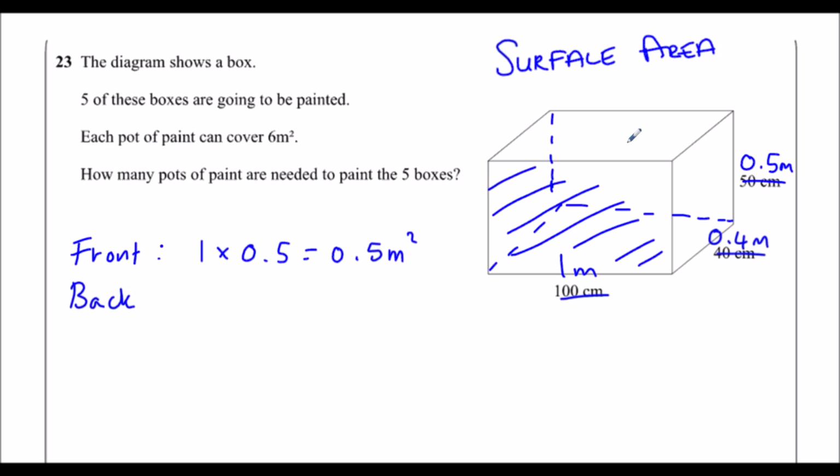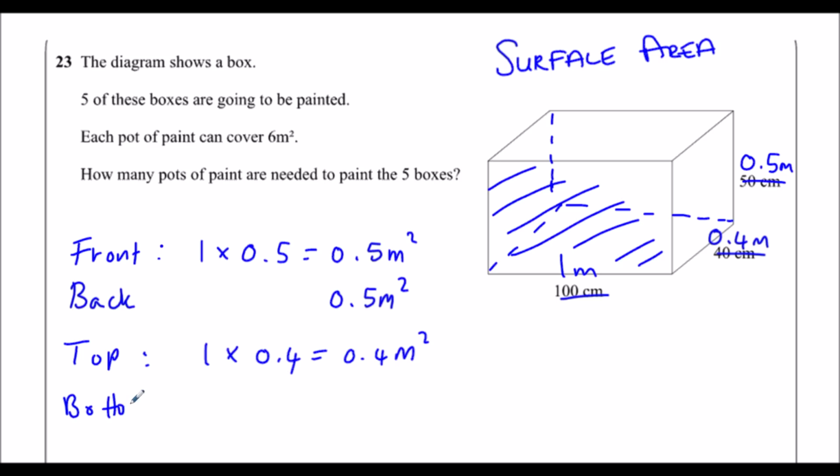The front is repeated on the back, so the back will also be 0.5 meters squared. The top now, so it's going to be 1 by 0.4. 1 times 0.4, which is 0.4 meters squared, and the bottom is the same as the top, so that's also 0.4 meters squared.